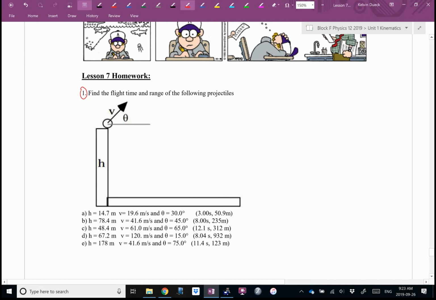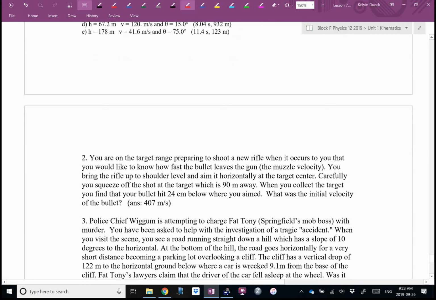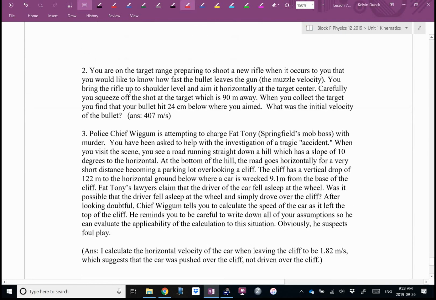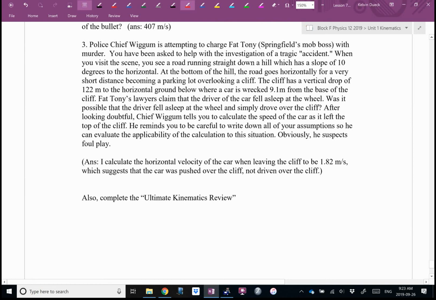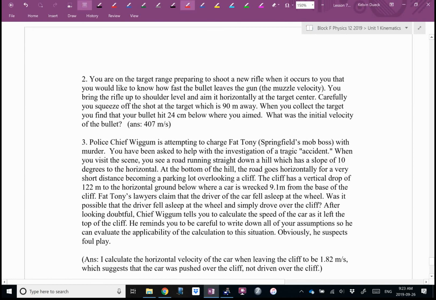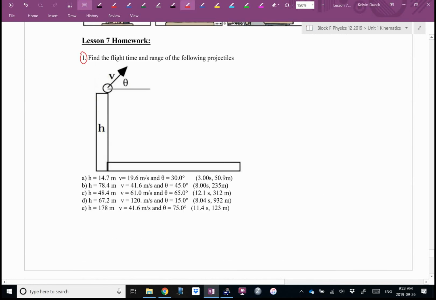There's 5 questions where you have a different height, a different theta, and a different slanty velocity. You'll have to find time using the quadratic formula, and then find the range. I think that's going to be your homework to start out, but I'm going to continue with this next class. Okay?